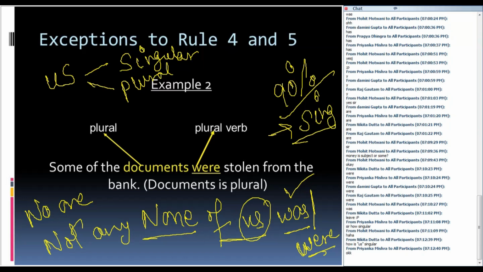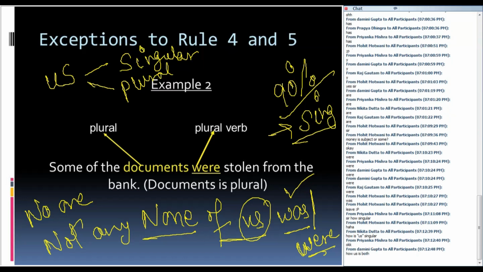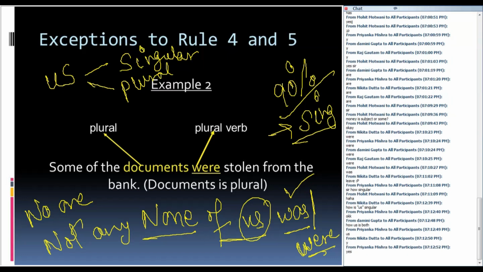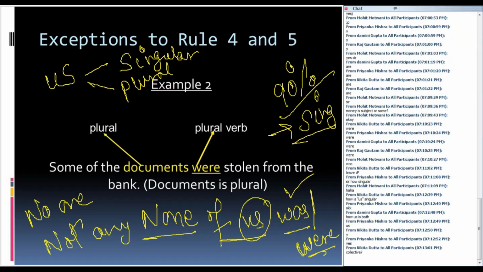Oh, you are asking how is us singular? If I'm using it in a collective sense, it is singular.